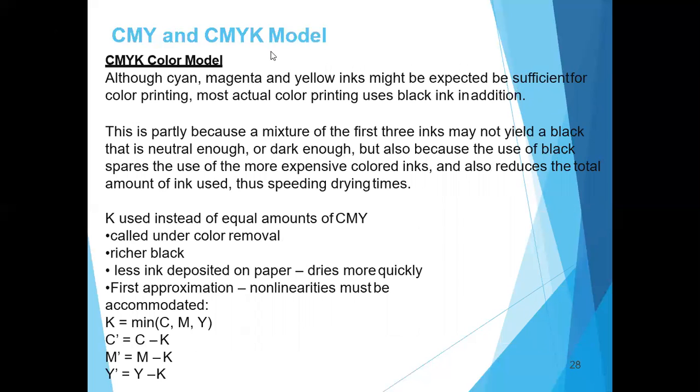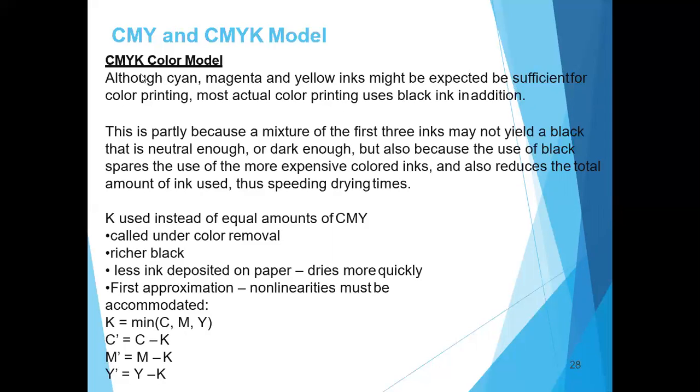The last type of model is the CMYK model. It is also basically used for color printing, but here the addition is the K. What is this K color? K is nothing but black ink. Although cyan, magenta and yellow inks might be expected to be sufficient for color printing, most actual color printing makes use of black ink as an addition.